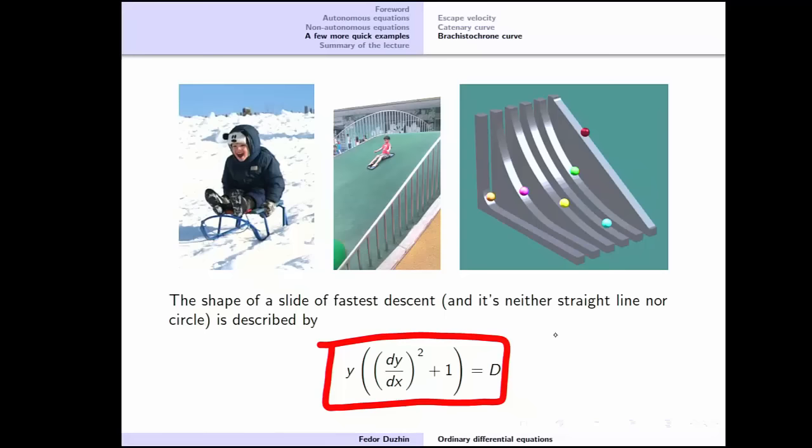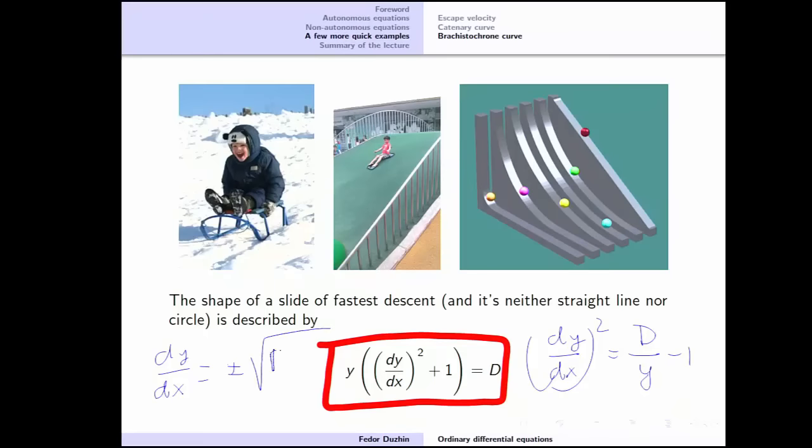what do you have to do? You'll have to write dy dx squared equals d over y minus 1, and then we'll have to take the square root. So dy dx is going to be equal, strictly speaking, plus minus, but you can choose whether it is plus or minus depending on how you want it to be oriented.